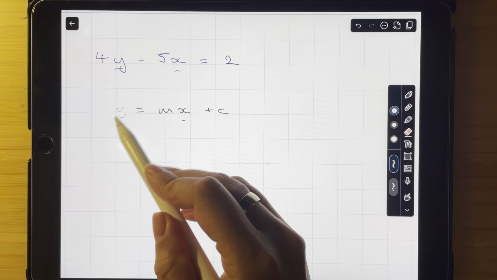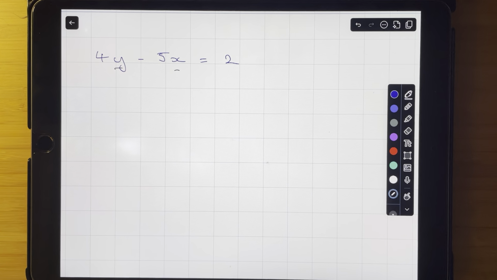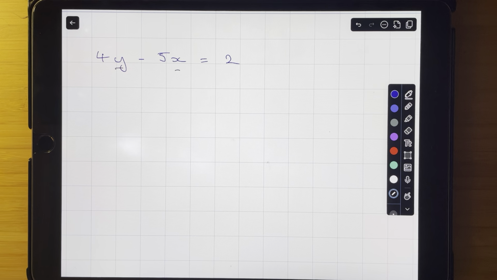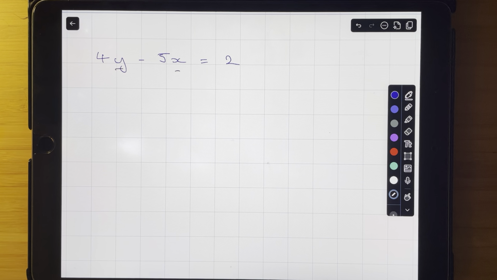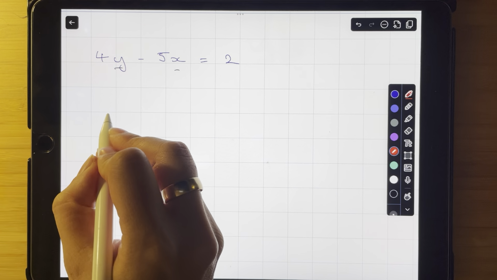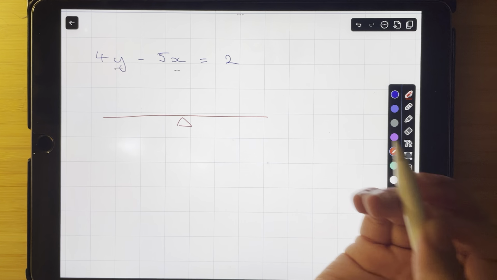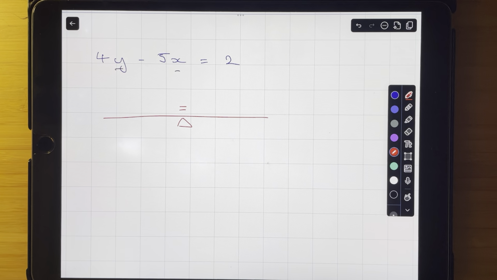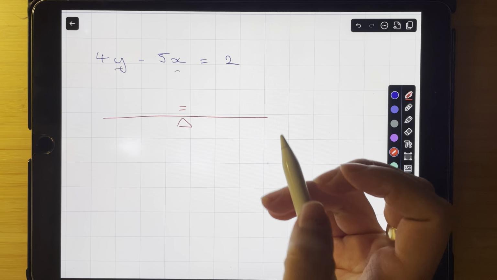Alright, so let's just rub this out. And right, so I need to get in the form y equals mx plus c. The way I like to think of this is, imagine you have a scales and you've got an equal sign on one side, right?